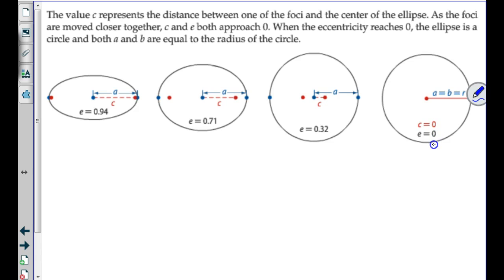They're on top of each other. If E were 1, it would be a parabola. But it's stretched out, okay? The closer E is to 0, the more round it is. The closer E is to 1, the more stretched it is.